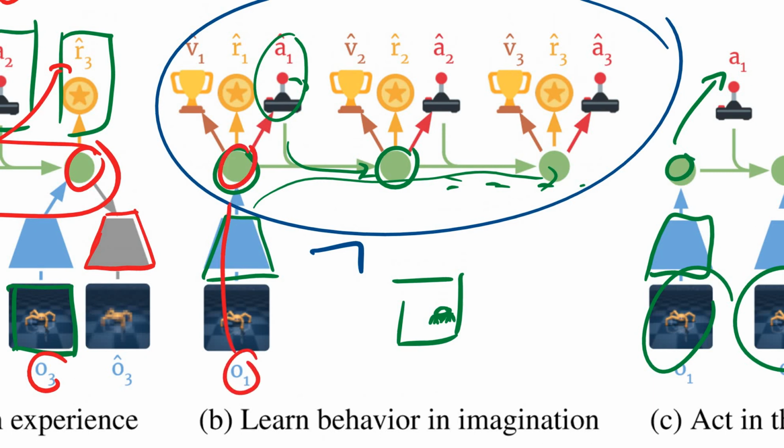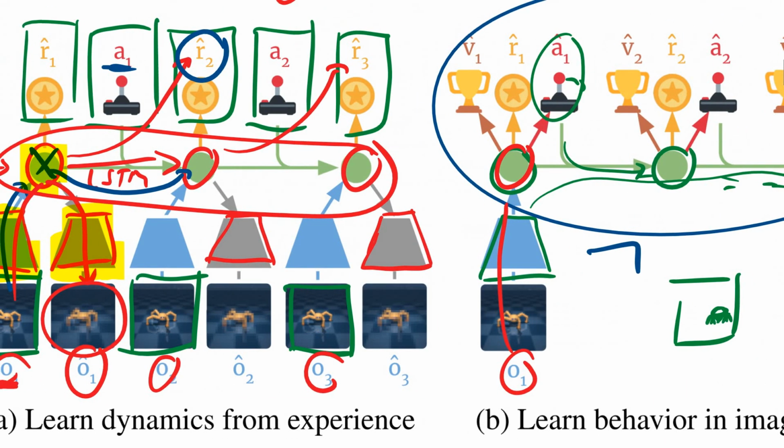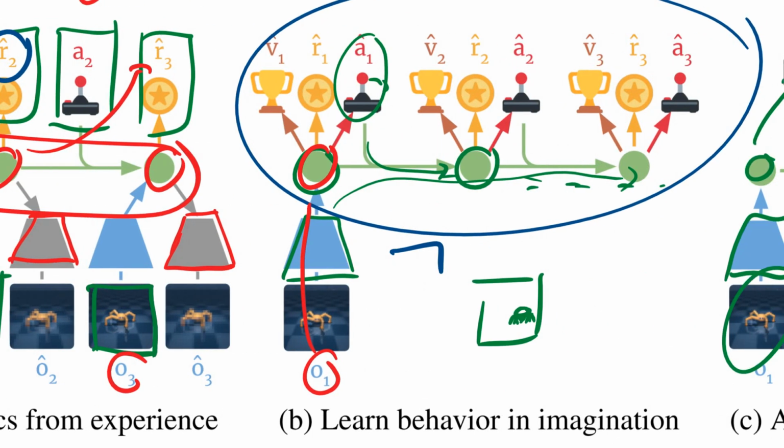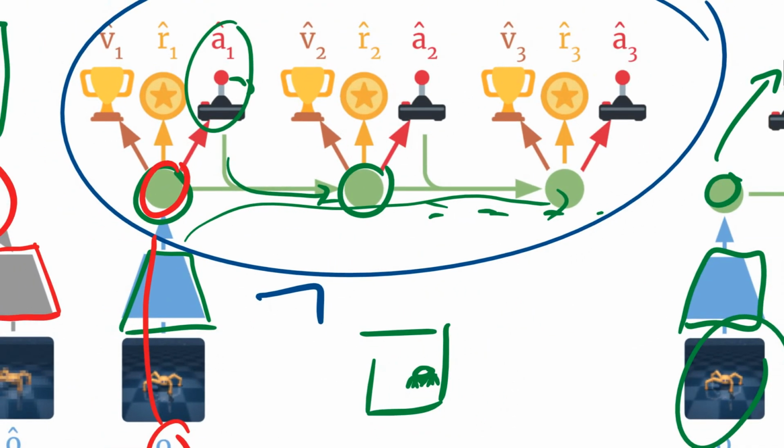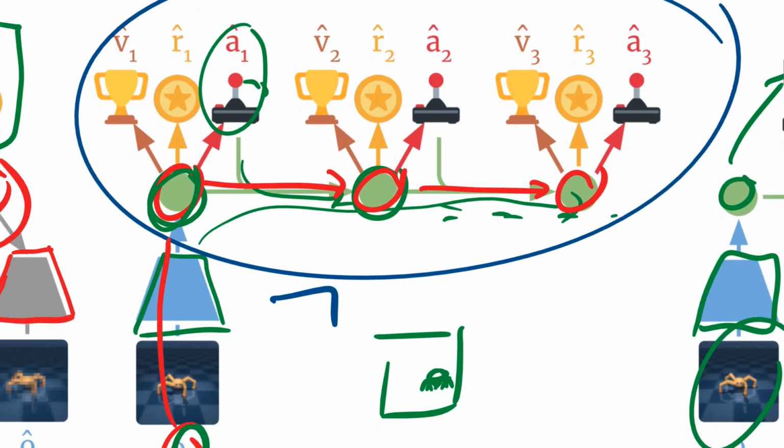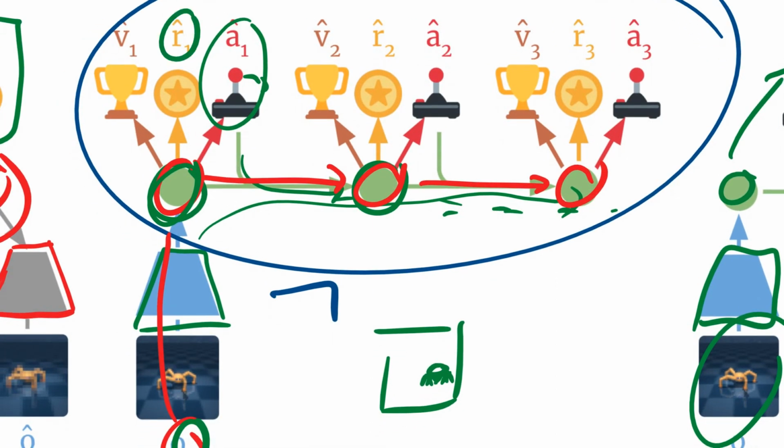From its hidden state, you're going to use the model that you learned here through the LSTM to imagine future trajectories of hidden states. So you have given now the observation here and the hidden state, and you're going to imagine future hidden states. You're also going to imagine future rewards, right?